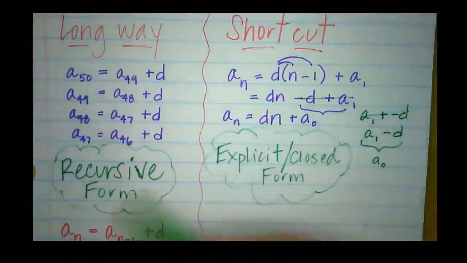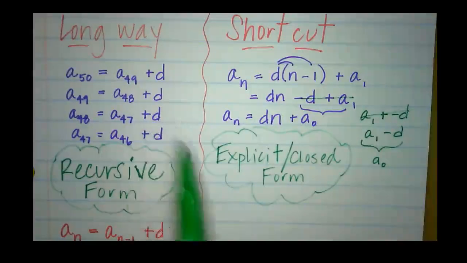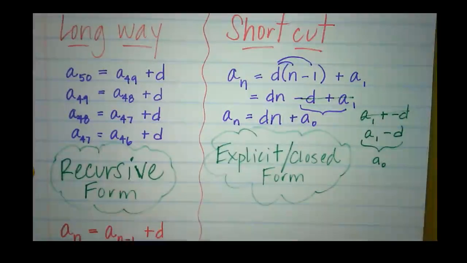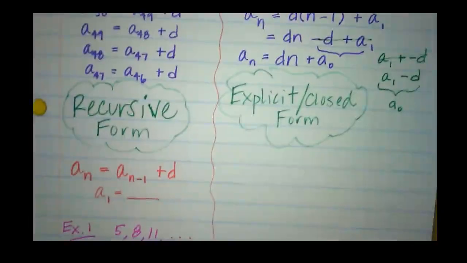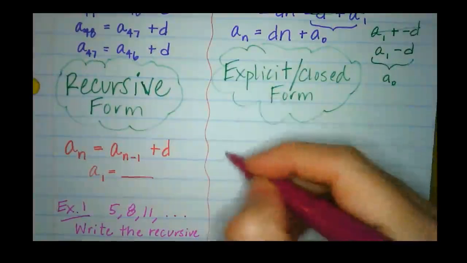Where in the recursive form we kept adding D and adding D and adding D, the explicit form is going to allow us to just multiply directly and get straight to the answer we want. All right, so let's try an example of this so you can follow along.